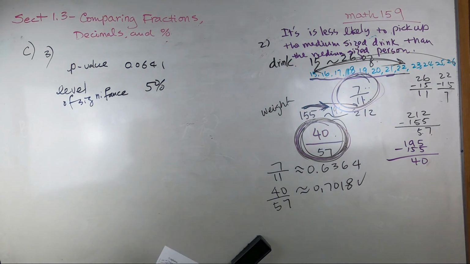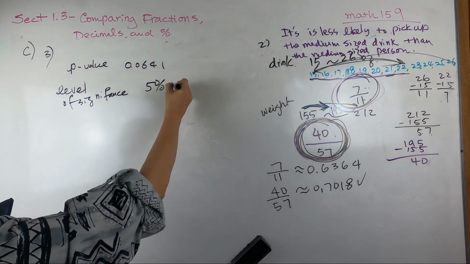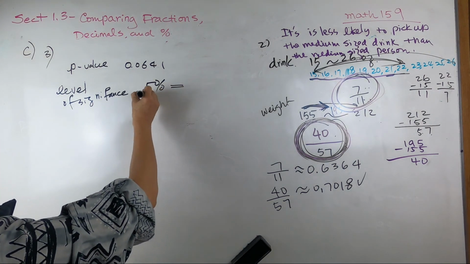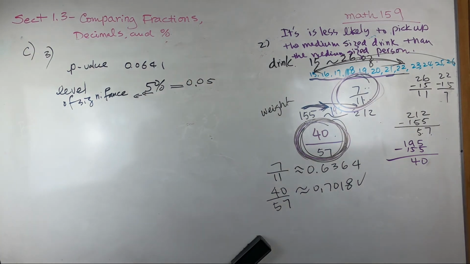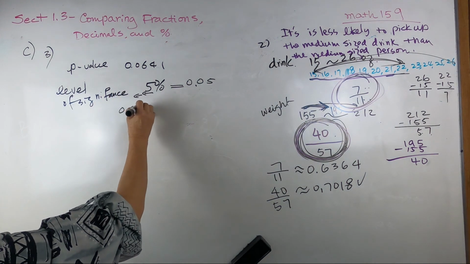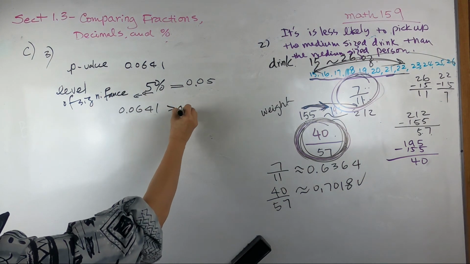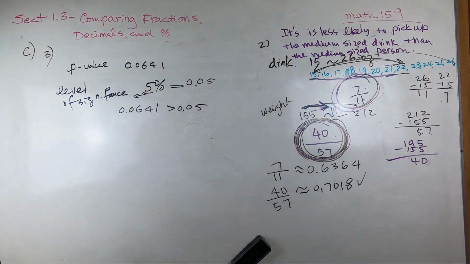Comparison means what? Which one is bigger, which one is smaller? That was the question, right? So one is percentage, one is decimals. So you will change the percentage to decimal, move two places. That will be what? 0.05. So which one is bigger, which one is smaller? Apparently 0.0641 is bigger than your 0.05, right?